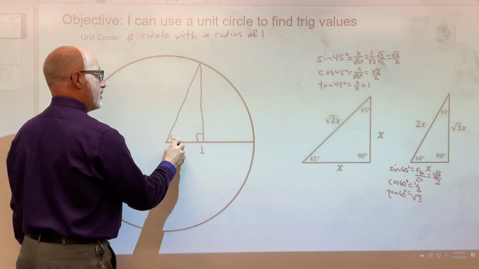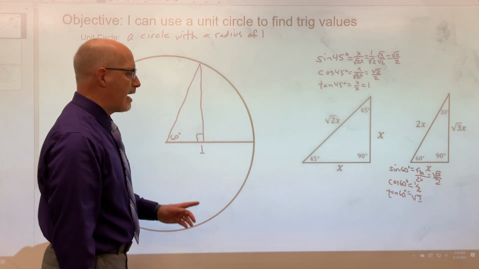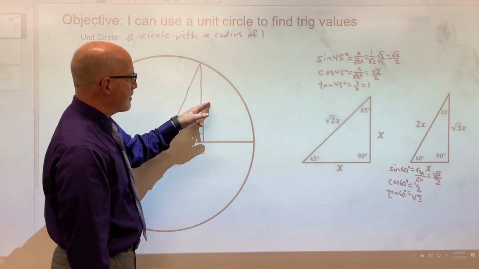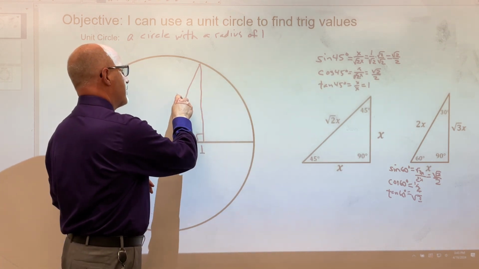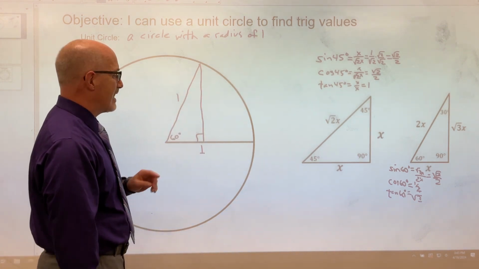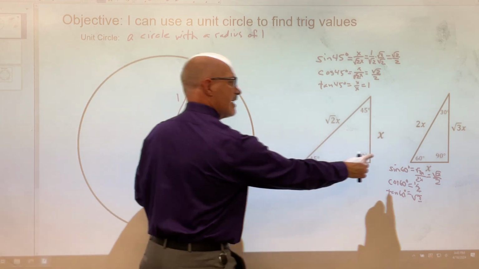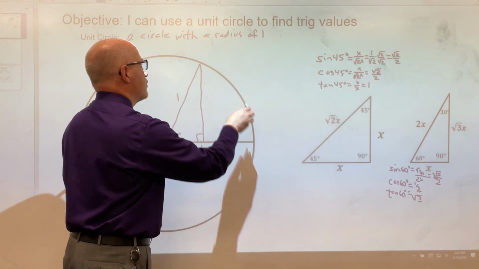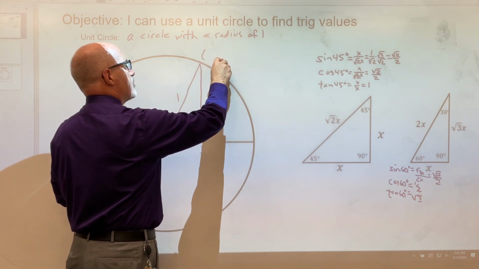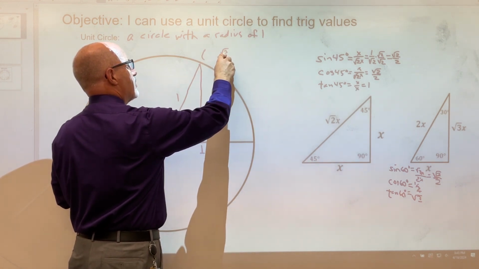What that will look like is if we draw a 60-degree angle here and drop this down. This is 60 degrees. If you put the opposite side over the hypotenuse being 1, then the sine, this over 1, will just be square root of 3 over 2, that's the y value.